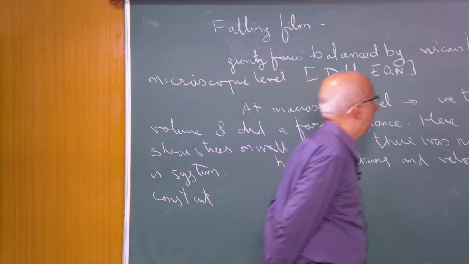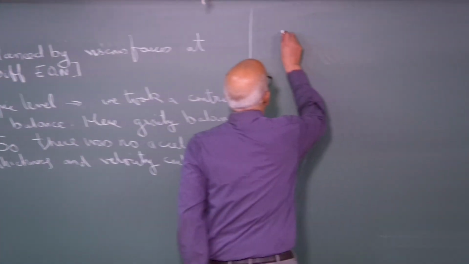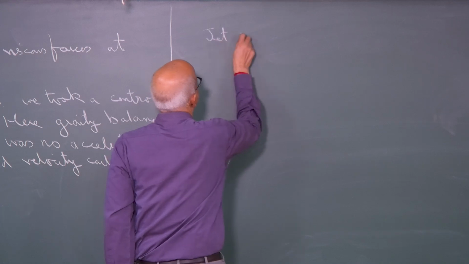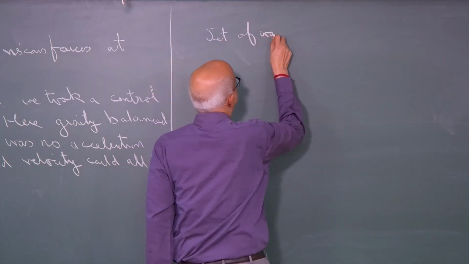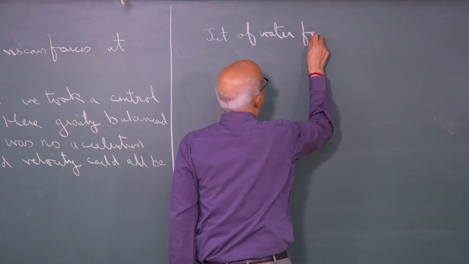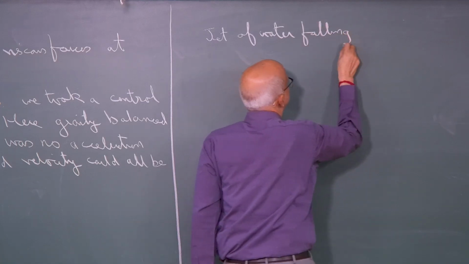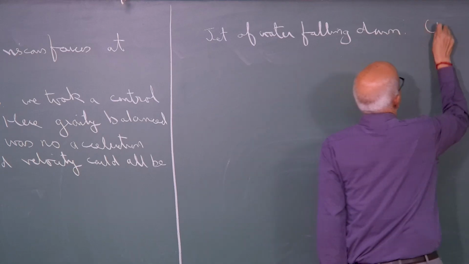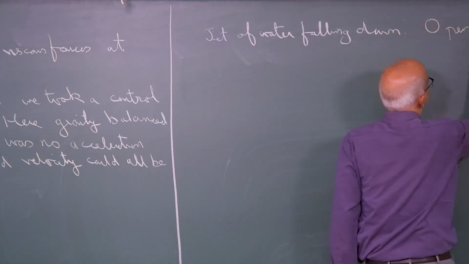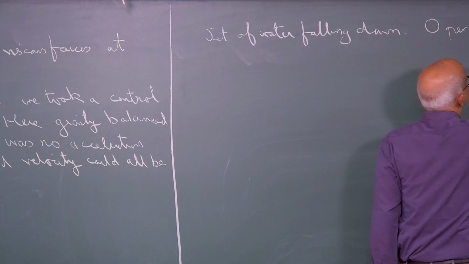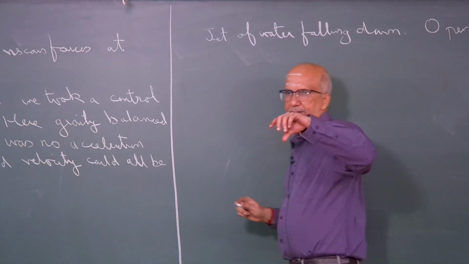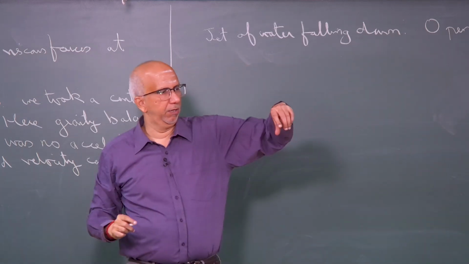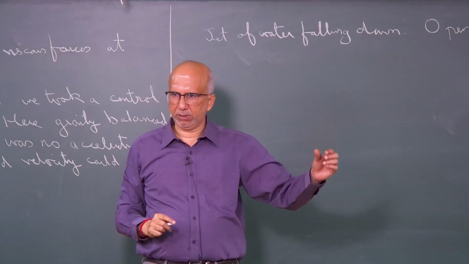Suppose now you have a jet of water falling down. That is, you open a tap, and when you open a tap, you see water is going to come down.